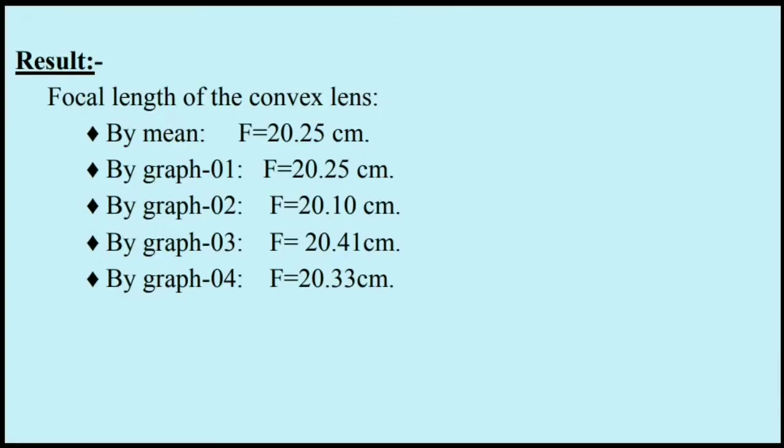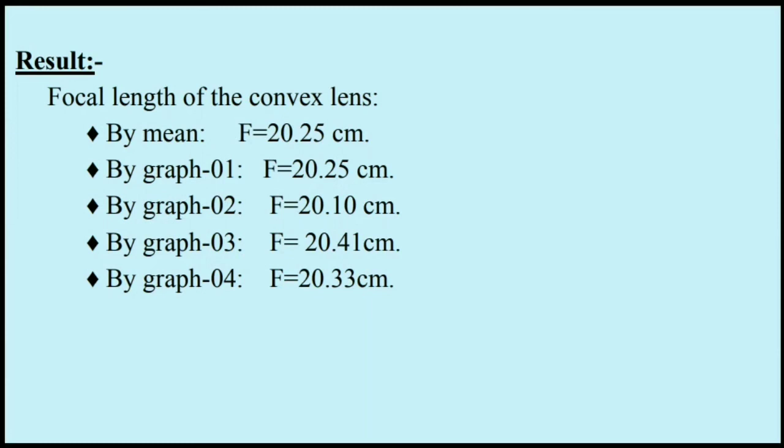Final result. The focal length of the convex lens by mean of all the 8 values of f calculated and shown in the table is equal to 20.25 centimeter. The value of f of the convex lens by graph 1 is 20.25 centimeter.